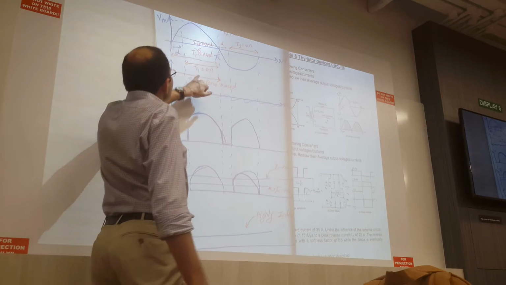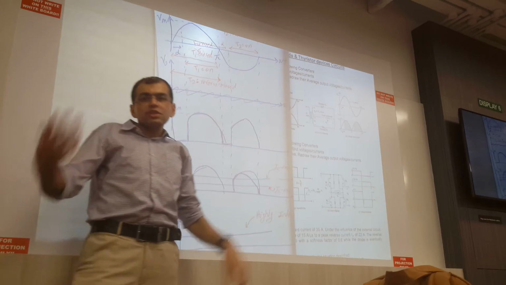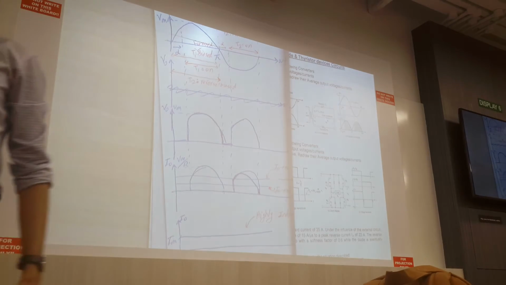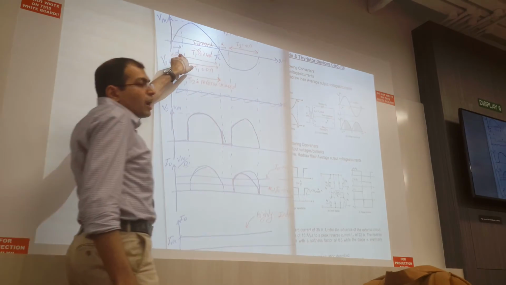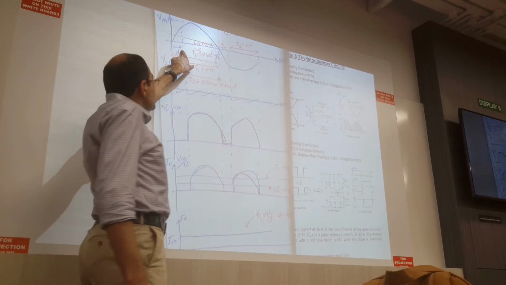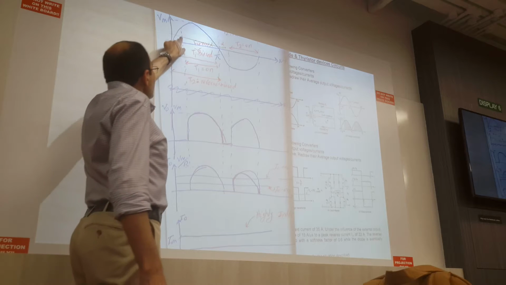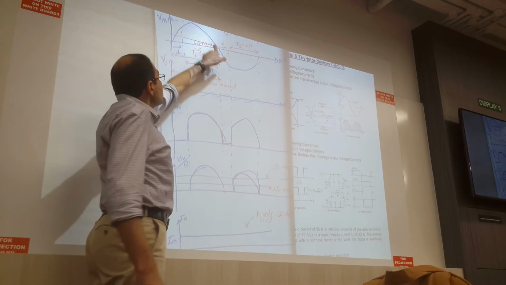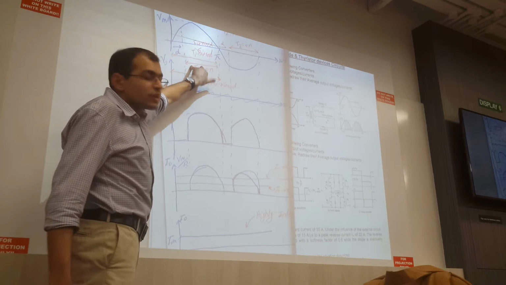And T2 is reverse biased in this condition. Since T2 is reverse biased, it cannot become on. But at omega t equal to alpha, the gate of T1 will become on. Therefore, after this moment, T1 becomes on.